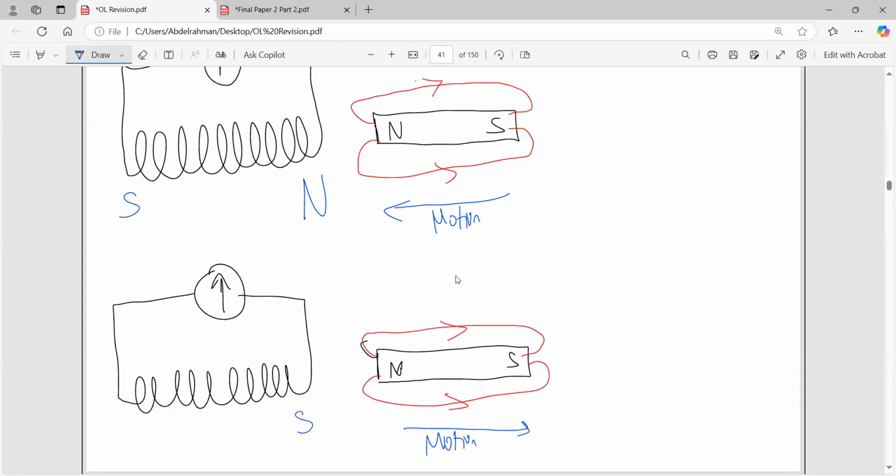Then this part of the coil would be a south pole, and this part of the coil would be a north pole.